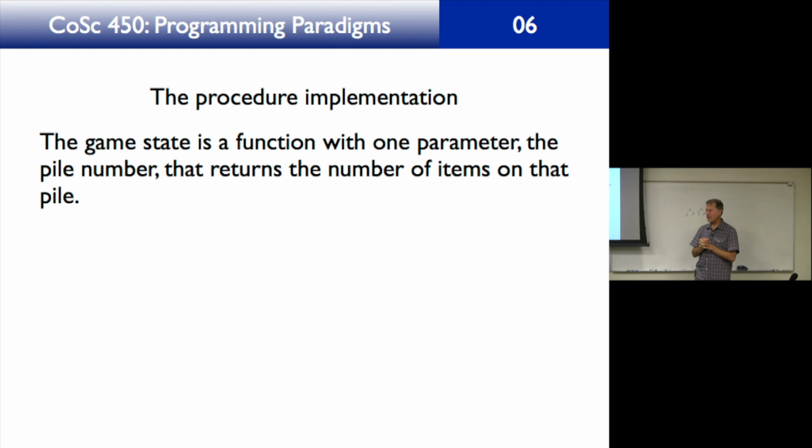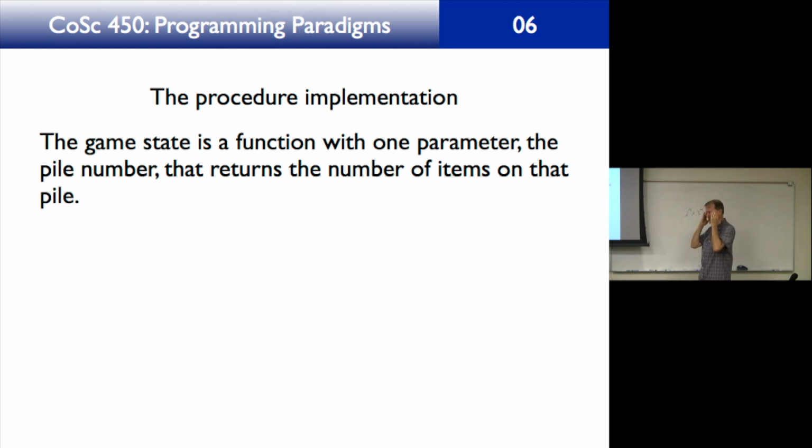Because this is a functional paradigm, why don't we have the thing that represents the state not be an integer at all, but instead, why don't we have it be a variable? No, not a variable. Why not have it be a function? Because we are in the functional paradigm. Are you with me?